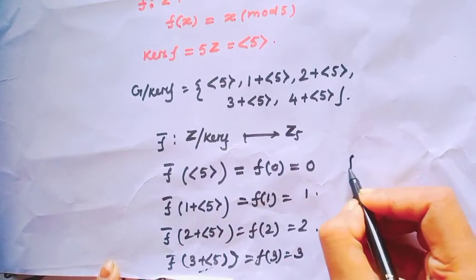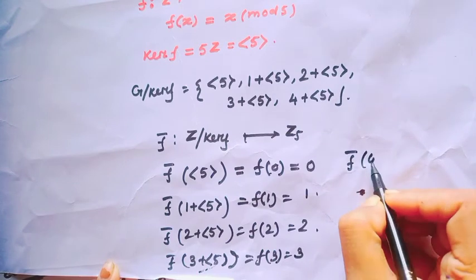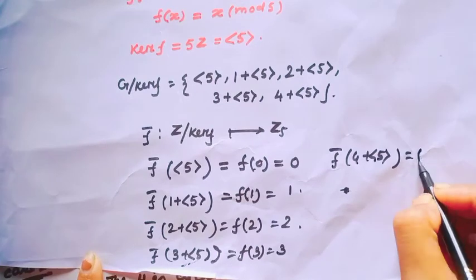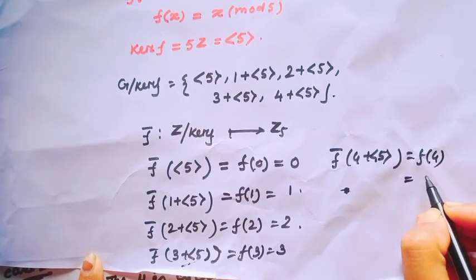And last, f bar of 4 plus the subgroup equals f of 4, which is 4.